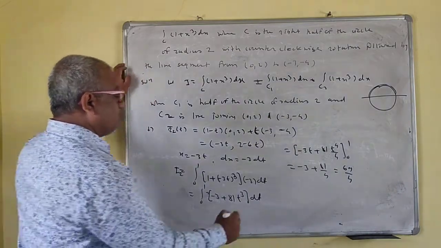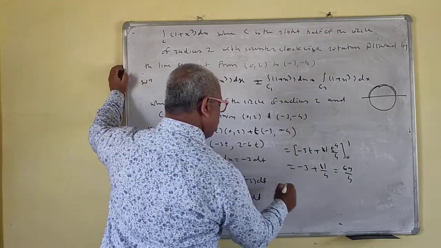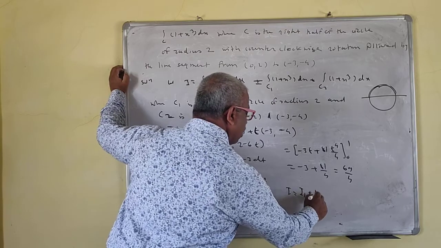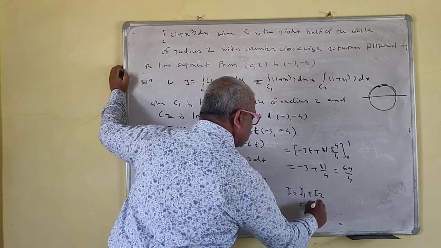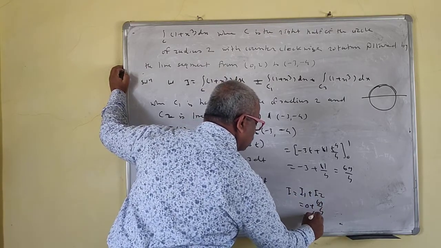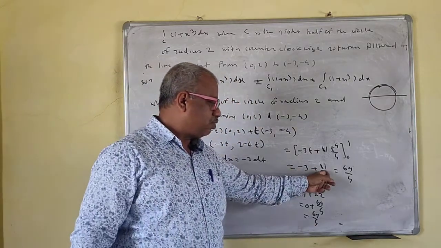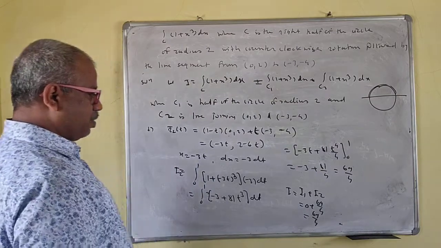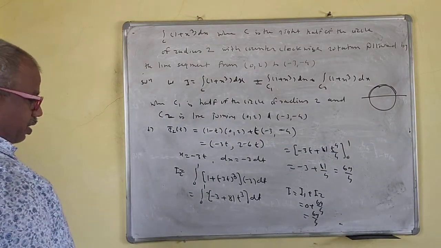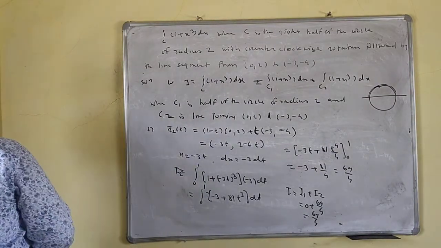Therefore I is equal to I1 plus I2, so this is 0 plus 69 by 4. Minus 12, you just have to subtract from this 81. So you will get 69 by 4. Your final answer is 69 by 4.